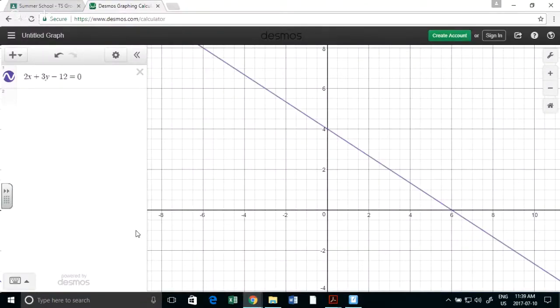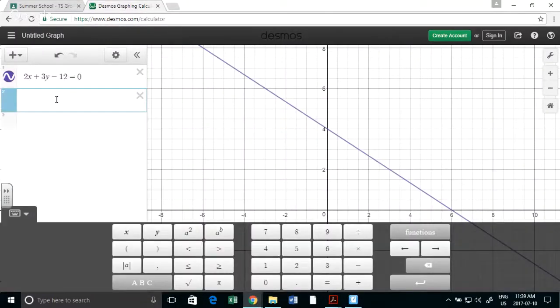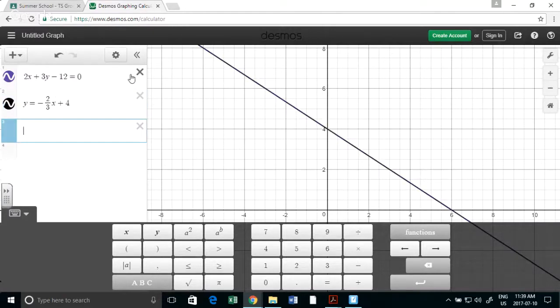It can have only one functional form, where in this case we have negative 2 over 3x plus 4. That would be this rule in functional form. But I could take this here and put another general form, and I still have the same line.